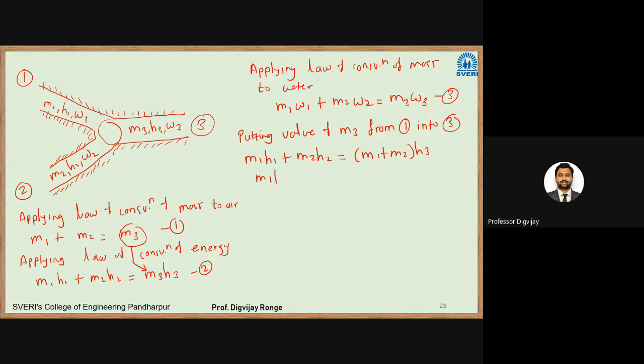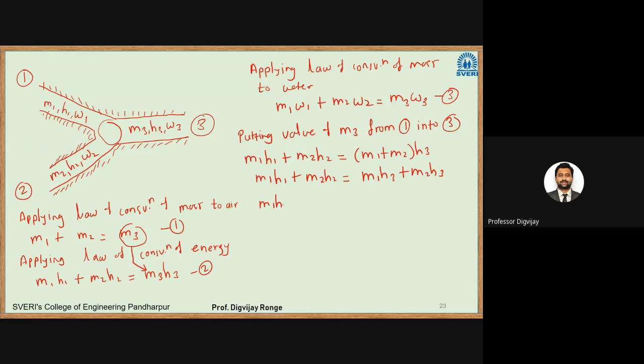So this will be again M1 H1 plus M2 H2 will be equal to M1 H3 plus M2 H3. So I will take all the M1 terms on one side and M2 terms on the other side.